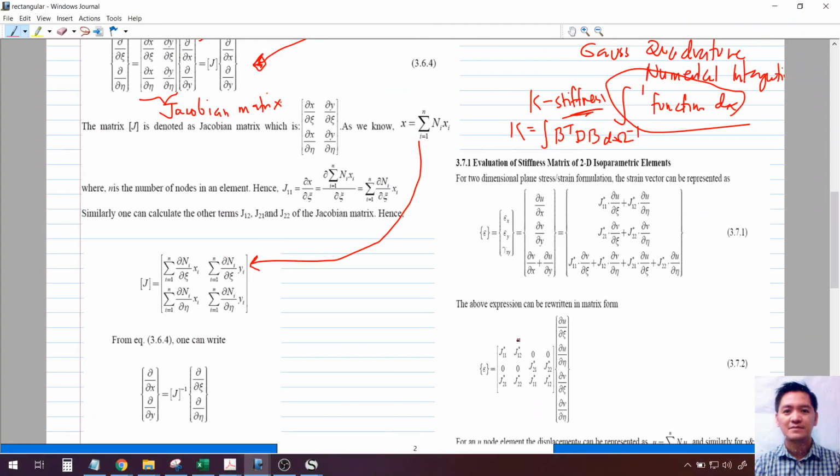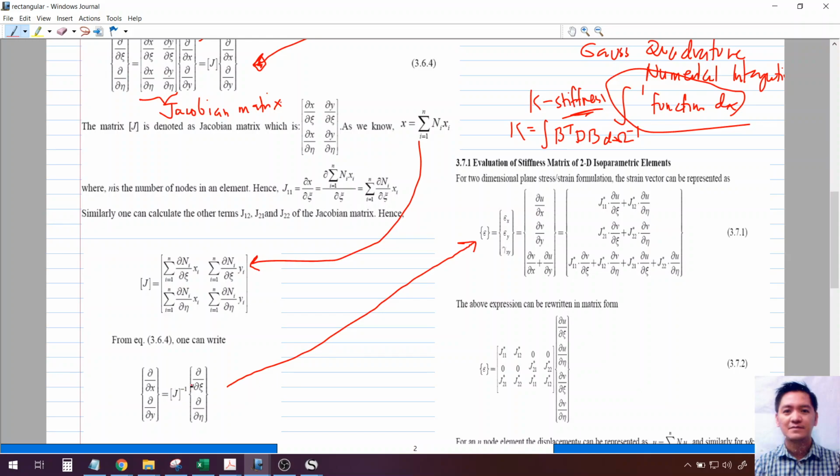Now, remember this, okay? ddx, ddy, and look yung analogy ng dalawa, okay? So that means any function partial derivatives with x, parang ito, du dx, okay? And then we have ddc and dd eta, ddc, dd eta, okay?